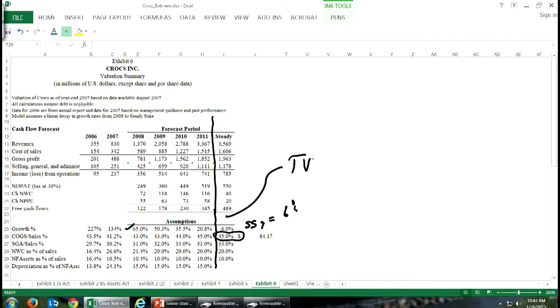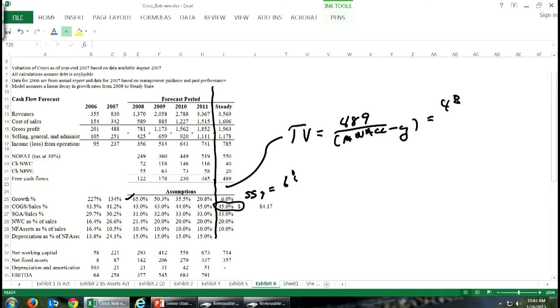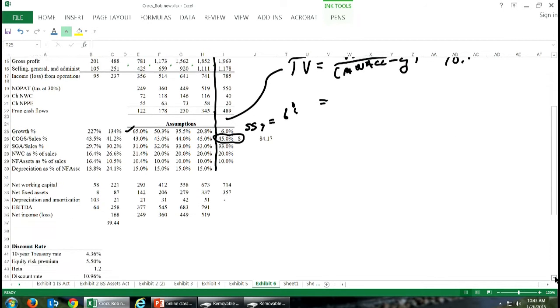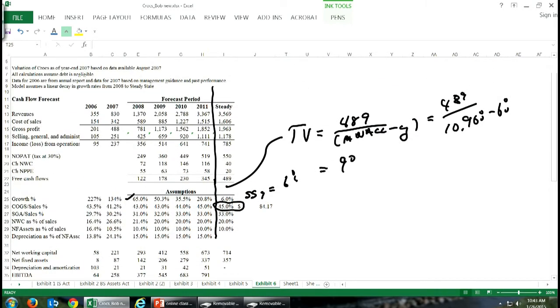We would take our 489 divided by our weighted average cost of capital, which in this case is 10.96, minus our assumed growth rate of 6%, and we wind up with a terminal value which is, I think, 9860. So that would be our terminal value.